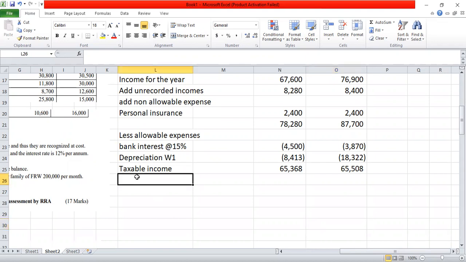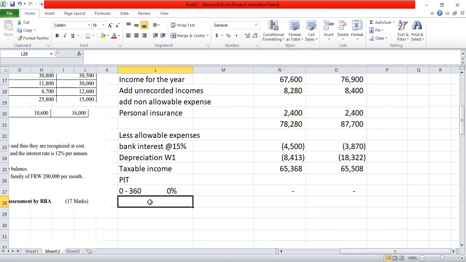It is an individual, so you are computing personal income tax. So from 0 to 360, it is 0%. So here it will be 0, and here it will be 0.